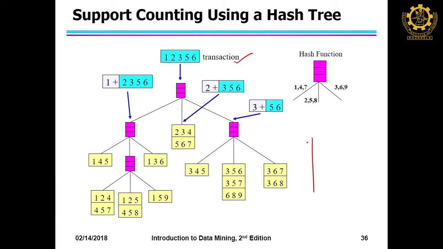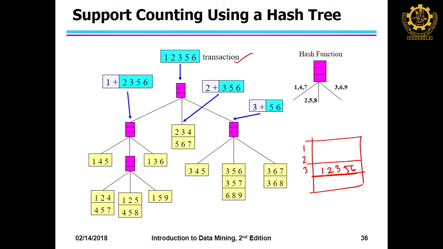Say you have the data set here with transactions 1, 2, 3, and let us say this transaction consists of the items 1, 2, 3, 5, 6. As I said in the earlier class, for each transaction we will generate all probable item sets, not checking whether frequent or not, which we will test later.